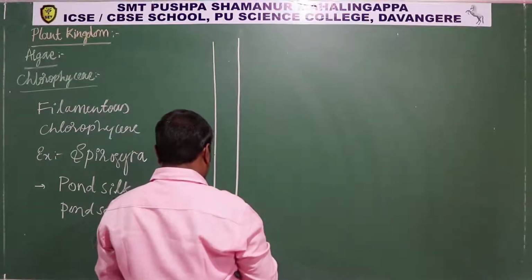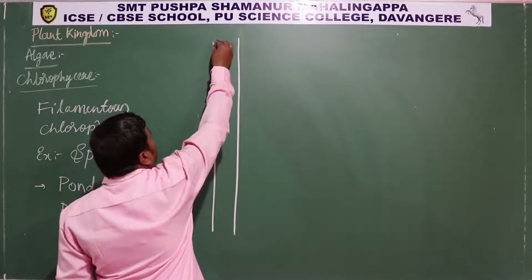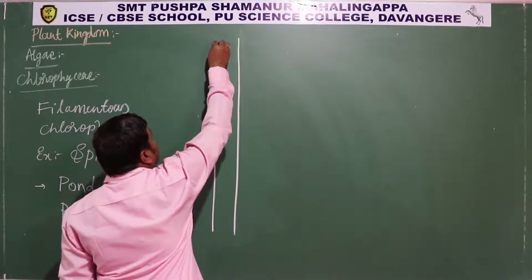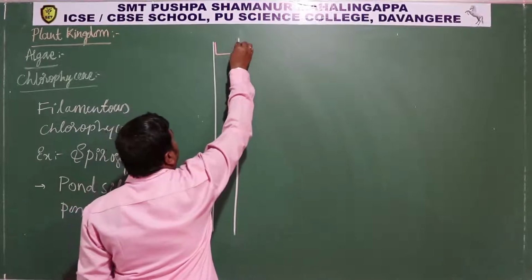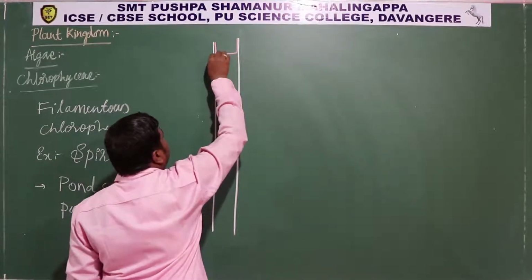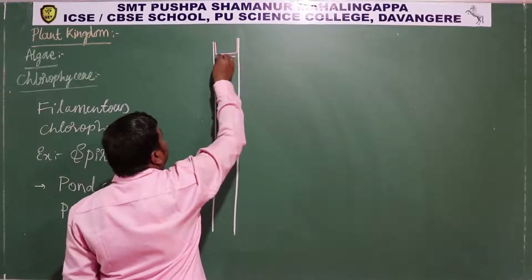Then they have a cell wall, and it is divided into compartments.